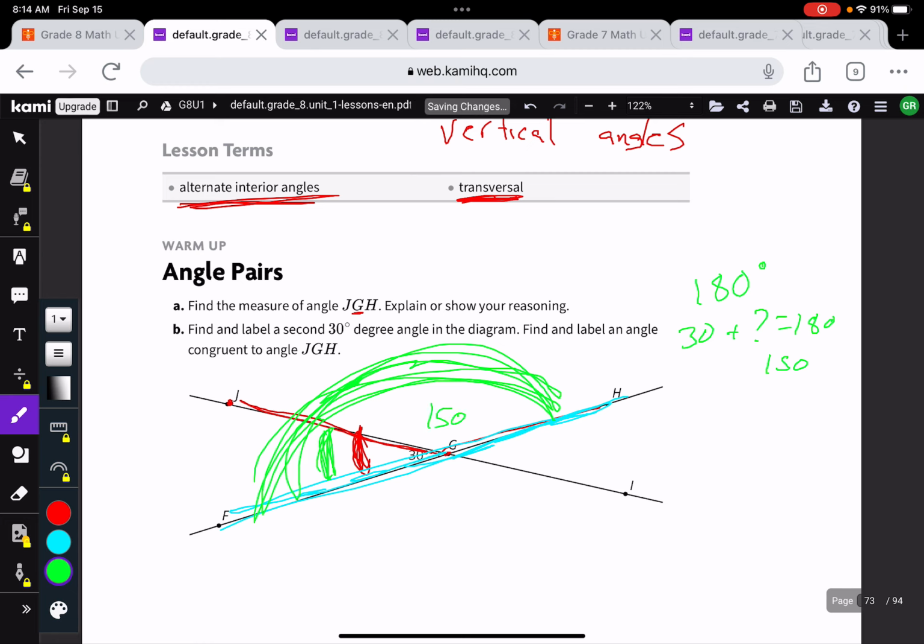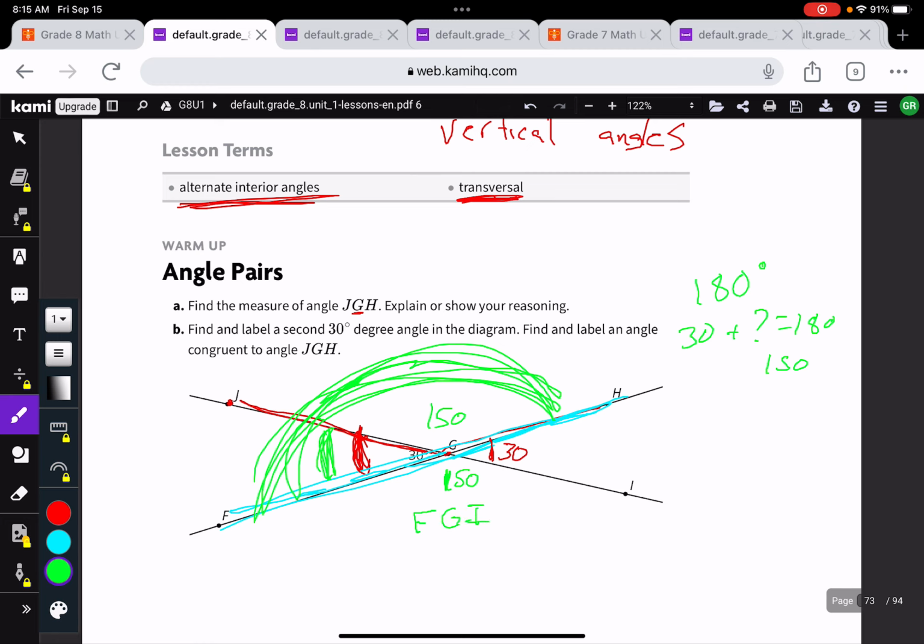It says find and label a second 30-degree angle in the diagram. I don't know what they mean by label it, but this angle right here would be 30 because, remember, that's a vertical angle. Find and label an angle congruent to JGH. I don't know how we would label it, but I guess we could call it FGI.